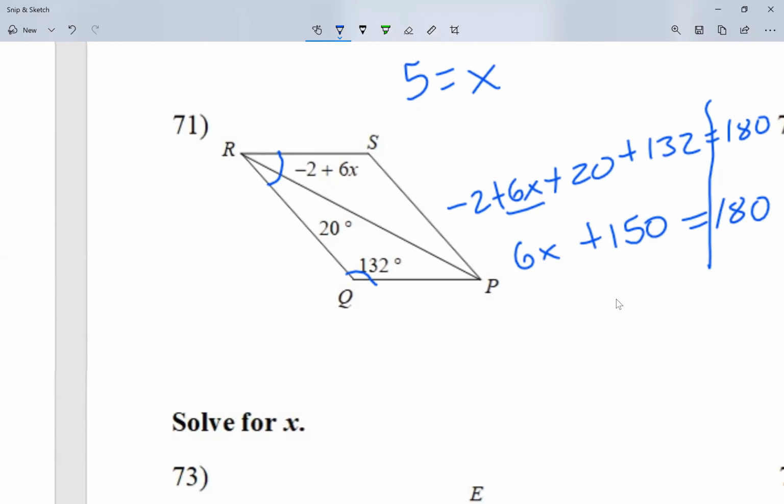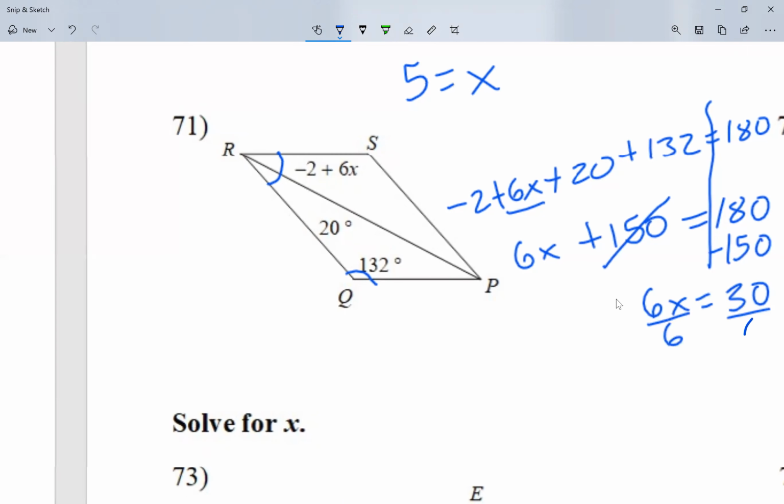I want the 6x by itself, so the plus 150, I'm going to move it to the other side as a minus 150. So I get that 6x is equal to 30. 180 minus 150, that's 30. To get x by itself, let me divide both sides by 6. That's the number in front of x. So I get that x is equal to 5, right? 30 divided by 6, that's 5.